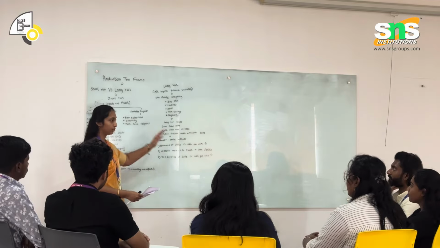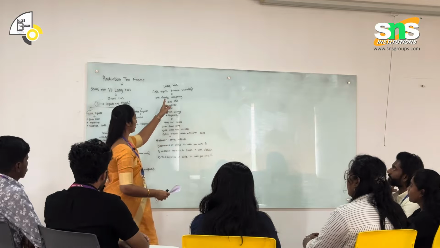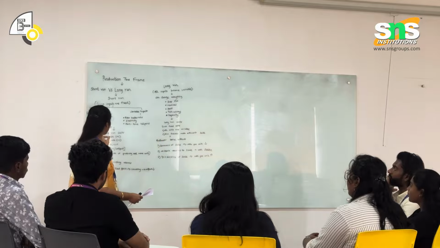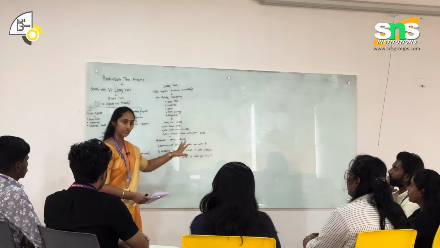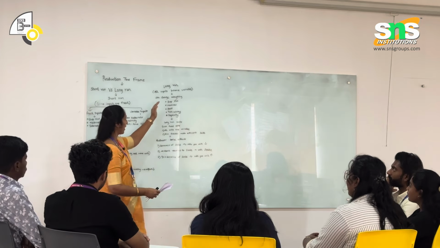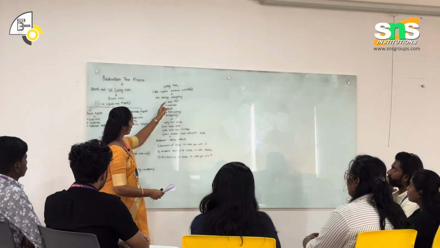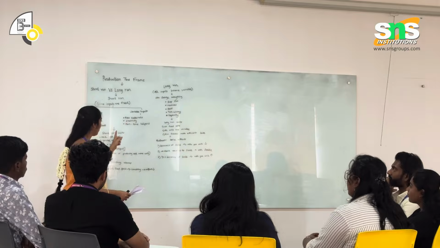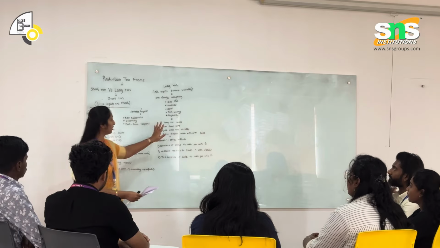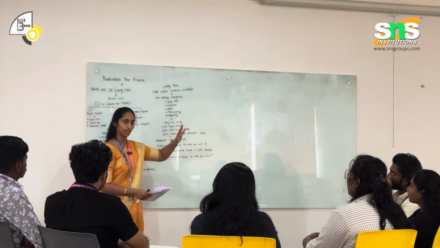Coming to this side, long run. Here all inputs become variable. Here it is fixed, here it is variable. That is the difference between short run and long run. Variable means we can change everything. Here you cannot change anything, but here you can change everything.